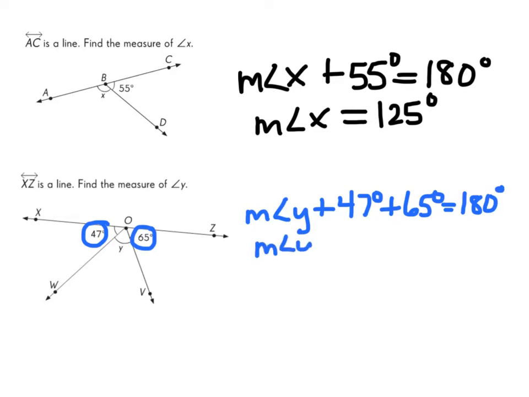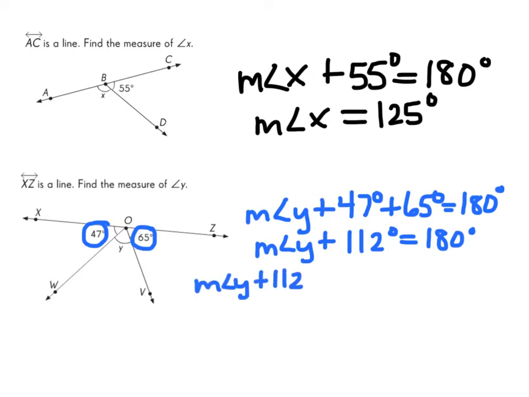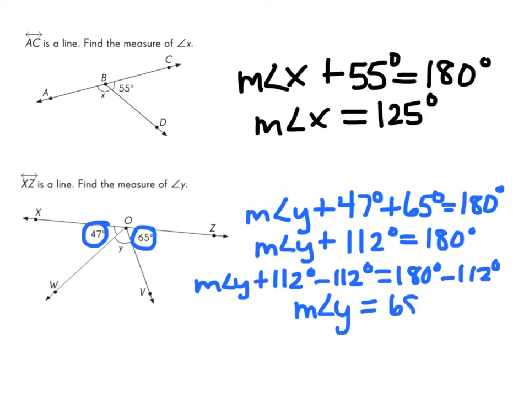The measure of angle Y plus 47 plus 65, which equals 112 degrees, equals 180 degrees. Now we subtract 112 degrees from both sides so that we can isolate the variable we're trying to solve for, which leaves us with the measure of angle Y being equal to 68 degrees.